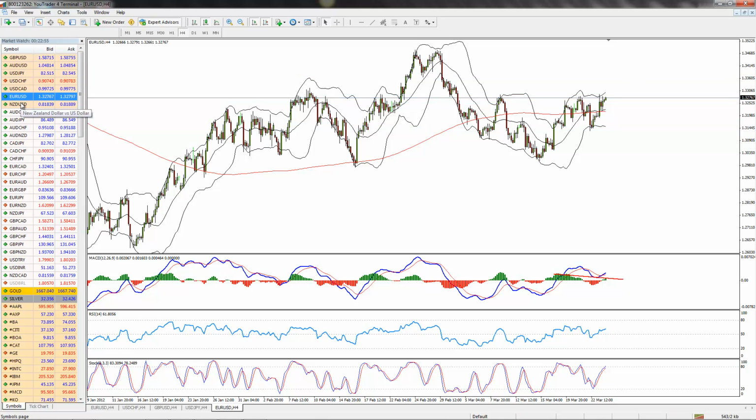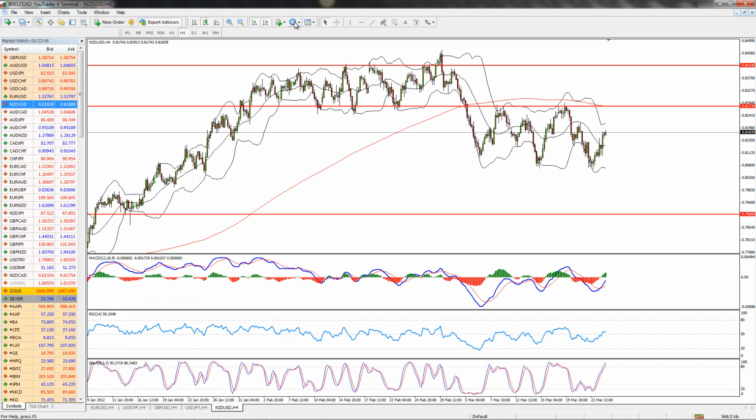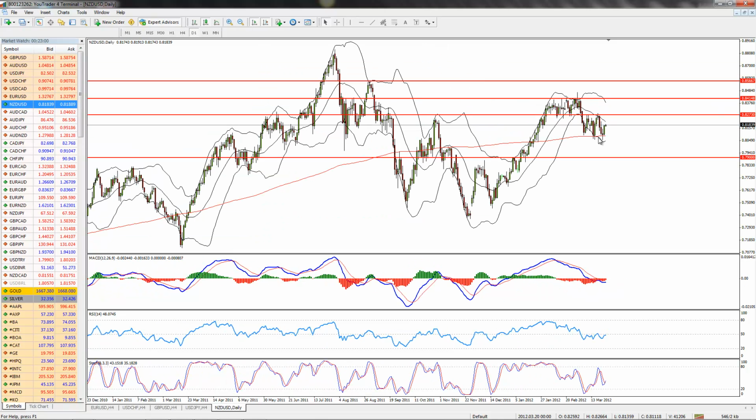The next trade I have on the list is the New Zealand dollar. Okay, this one acts just exactly the same as the Aussie dollar. So again, we have two scenarios here, a bullish and a bearish scenario.